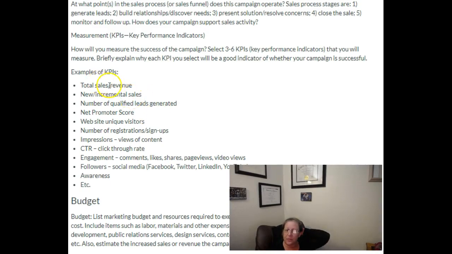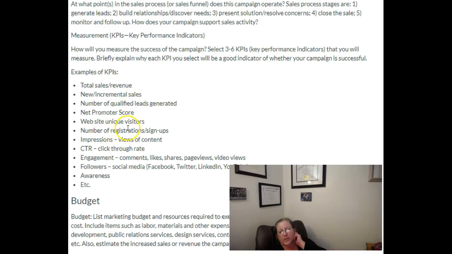So these are your examples: total sales and revenue, the number of new and incremental sales, number of qualified leads that are generated, the net promoter score. This is a system where you ask others to say whether or not they would recommend something.